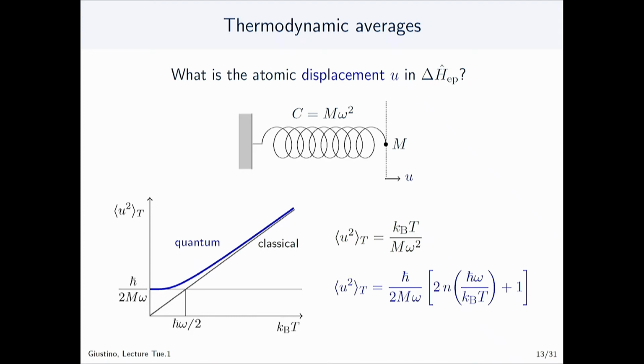Just in terms of terminology, this little step here is called the quantum zero-point fluctuation of the nuclei, okay? And whenever an electron-phonon effect has to do precisely with this object, we talk about quantum zero-point renormalization coming from electron-phonon interactions. That's all that we need to know in practice. You need to remember this shape, which is flat here and then goes linear, because I'm going to show it in a second.